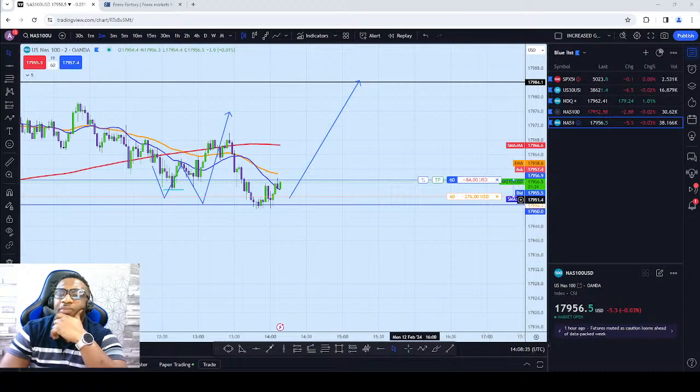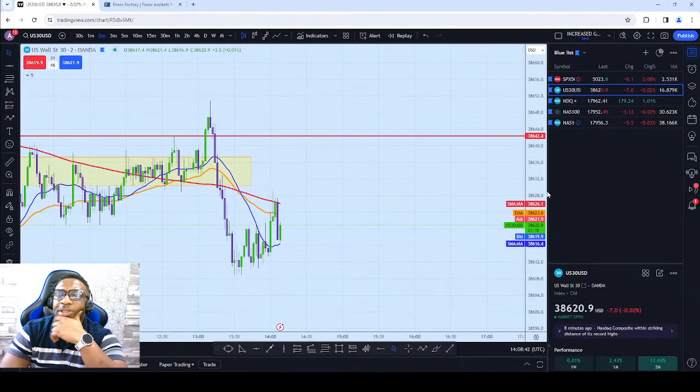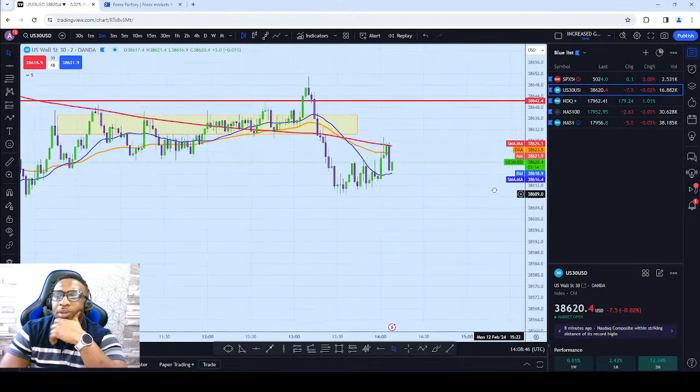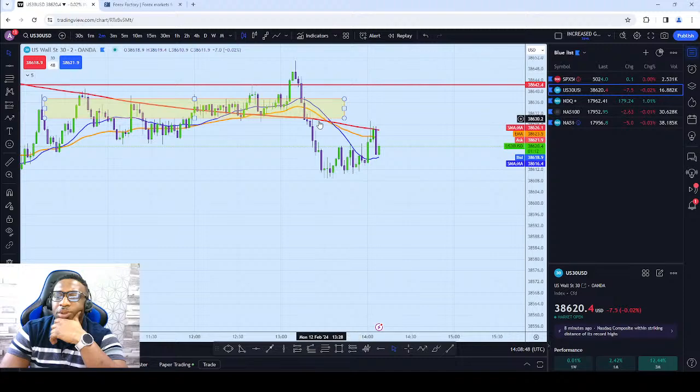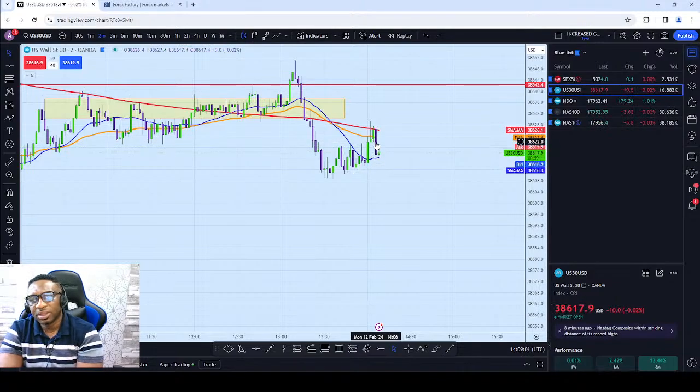So in the same vein, US 30, let's look at US 30. As I said, we should wait to see what happens. It broke above the moving average, and now it's just playing in between the 20 moving average and the 200 moving average.